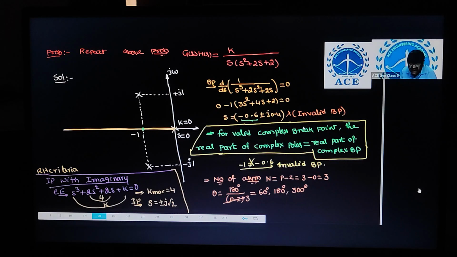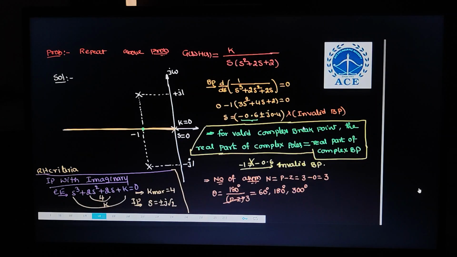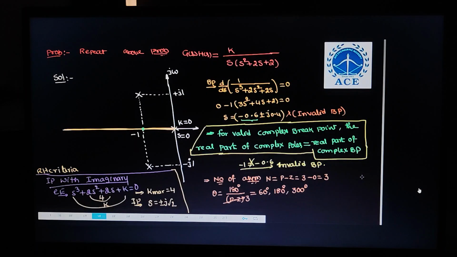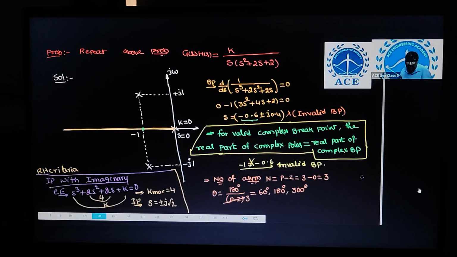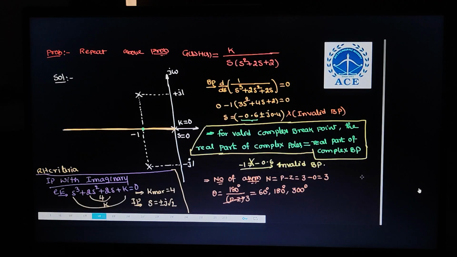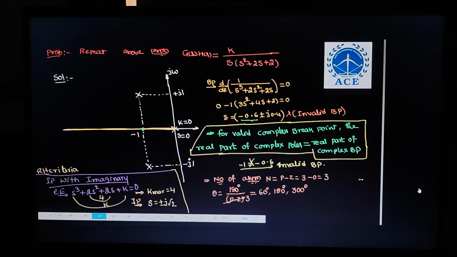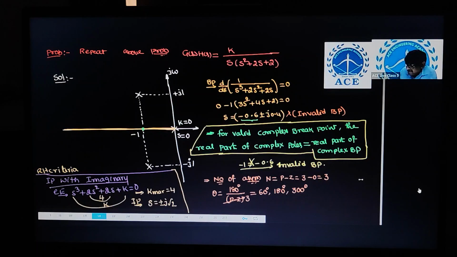You have to calculate for all the problems. When the number of poles equals the number of zeros, we don't require the angle of asymptotes and centroid. Break points you have to calculate by default. And the centroid, I told already: you have to calculate the centroid when the number of asymptotes is more than or equal to 2. I told you, write all the points in the book and read once or twice.